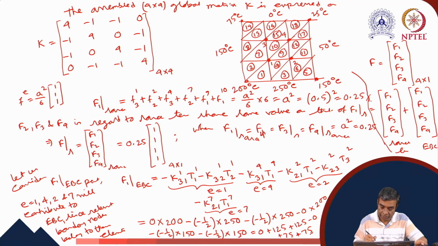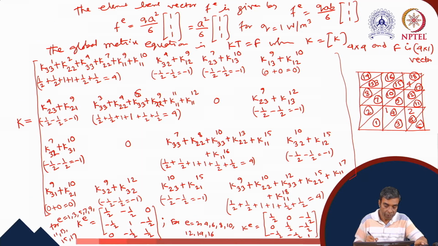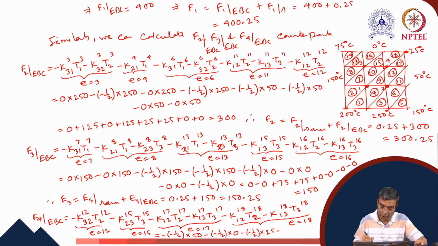K1217, this is minus half into T217. T217 is 25. 25 minus K1317. T317. K1317 is 0. So it is 0 into T317. So T317 is 25.